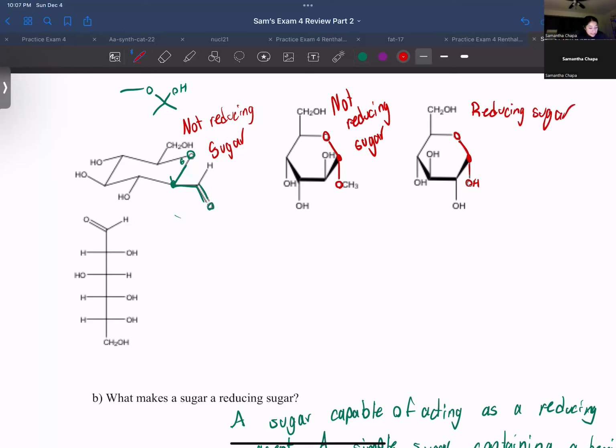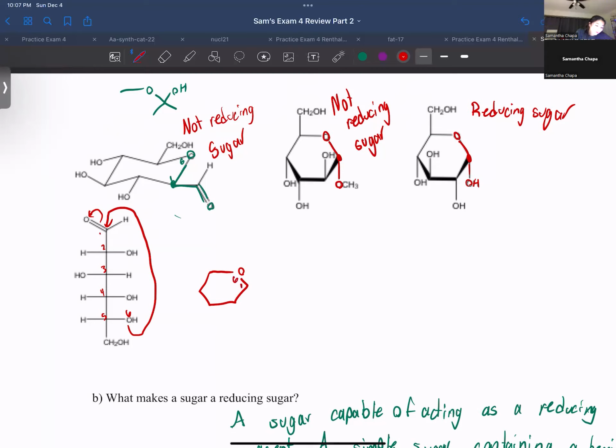Then for this one, it's not cyclized, but I can cyclize it to make it clearer. Again, I'm going to number only the things that are reacting in my reaction. My nucleophile comes in and attacks my electrophilic carbonyl carbon, popping this open so we can have an alcohol. So I do my Haworth projection. I'm not going to draw the whole thing, I'm just going to look at the anomeric carbon and its substituents.